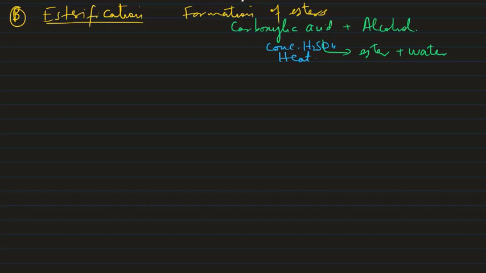Now let's write some reaction. For example, we have CH3, C double bond O and OH. This is the carboxylic acid reacted with an alcohol. For example, we have C2H5OH. Ethanol is reacted with carboxylic acid. This is a reversible reaction, remember. Concentrated sulfuric acid is used as catalyst, so we have to heat it.